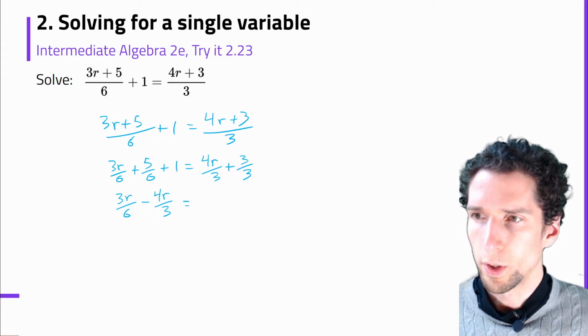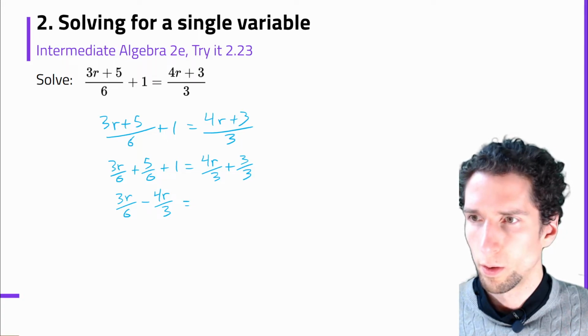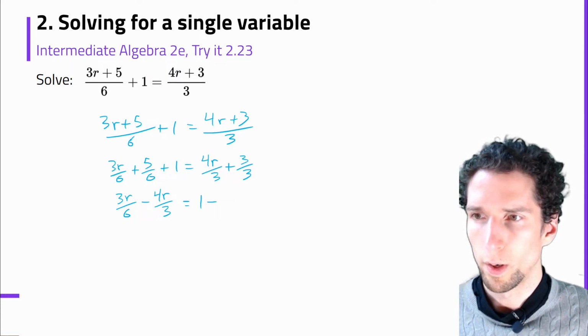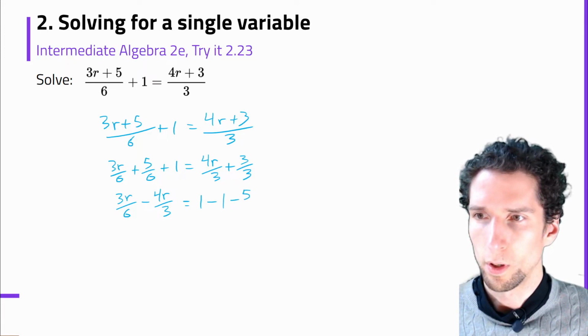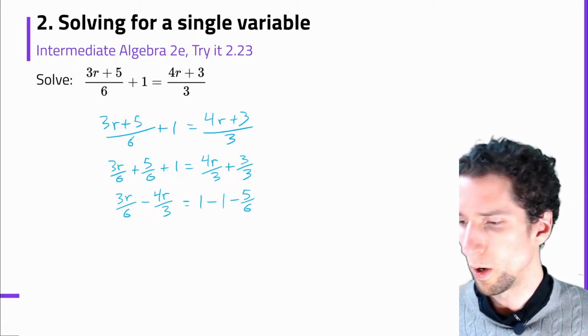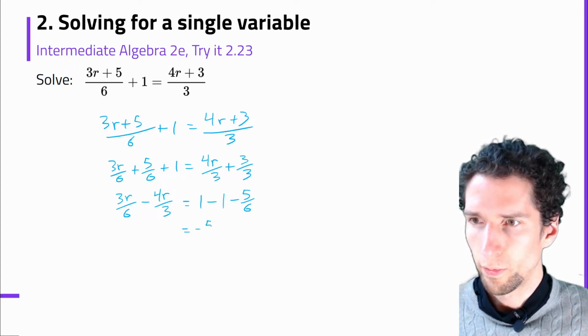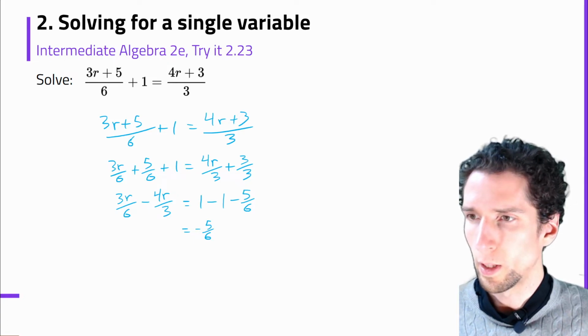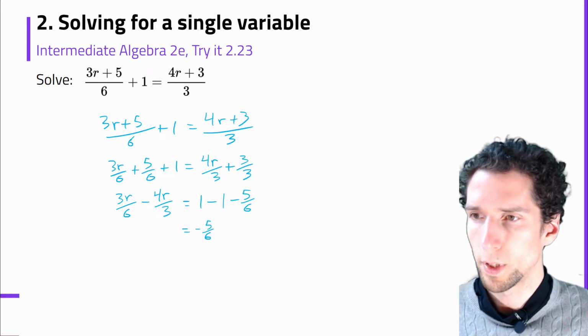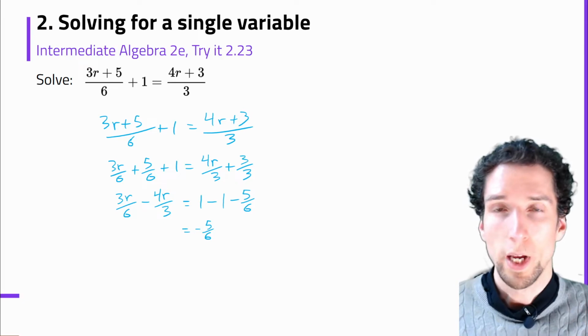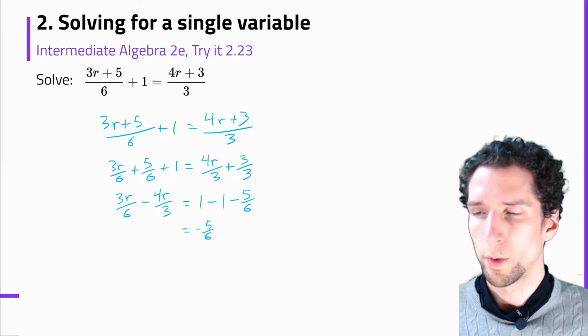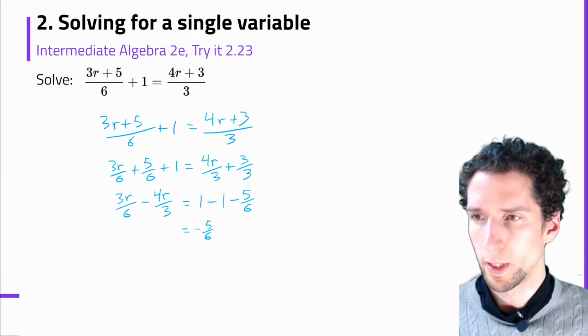And moving our other terms over, we have 3 over 3, that's just 1, and we have minus 1 here from the left side, and also a minus 5 over 6. Okay, so the right side is just negative 5 over 6, and on the left side we will need to change the denominator to our lowest common multiple, which will be 6.